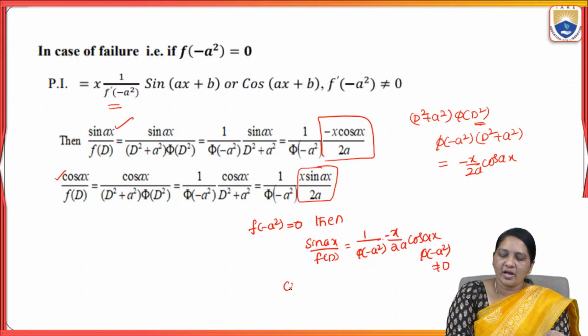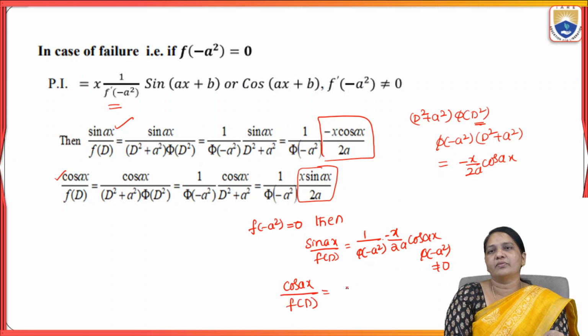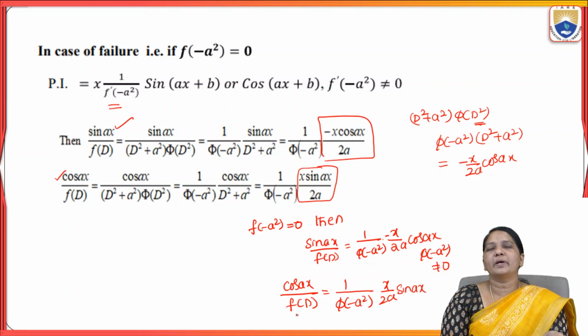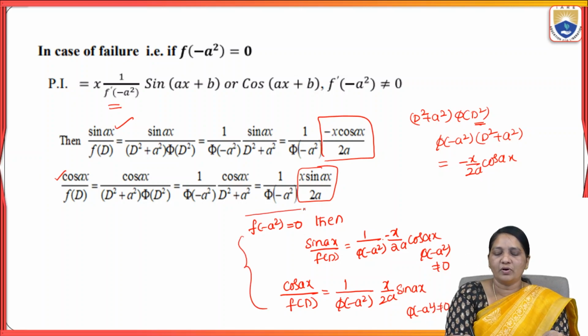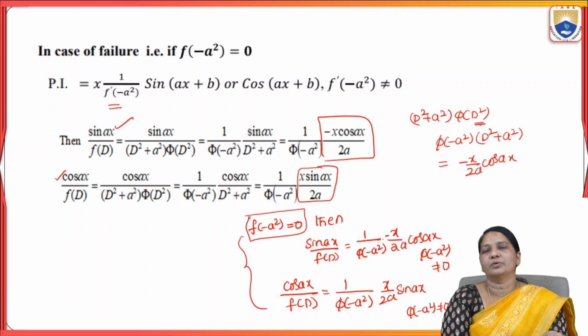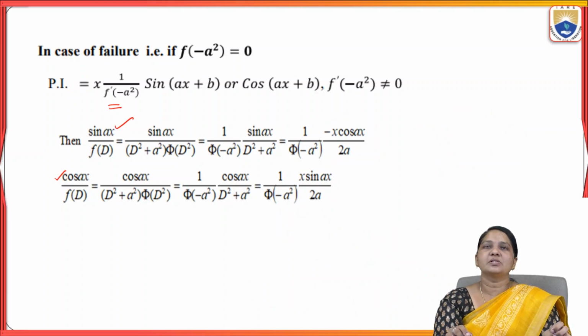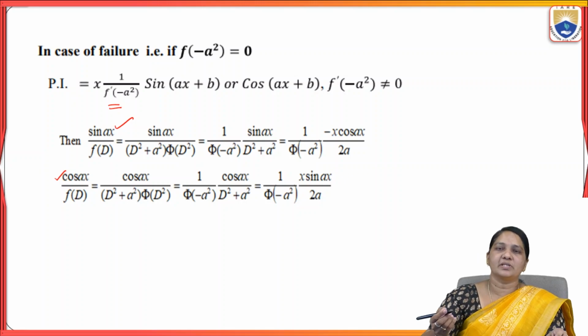Like this, if you have cos ax here, then cos ax by f of d is equal to 1 by phi of minus a square, into x by 2a sin ax. Here also phi of minus a square should not be equal to 0. So these are the two formulas we are going to follow if f of minus a square is equal to 0. According to this procedure, we are going to solve some problems here.